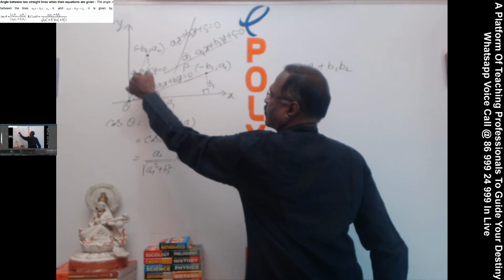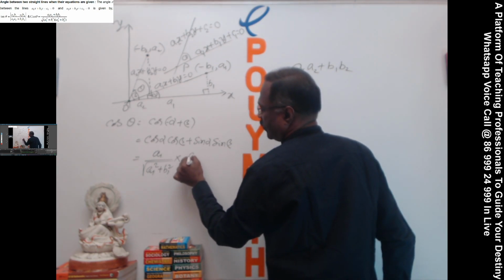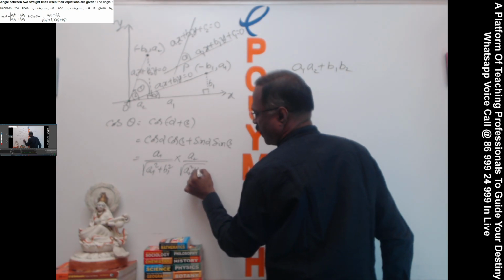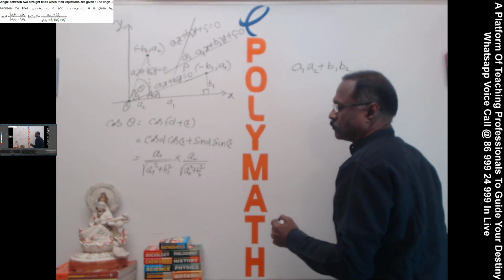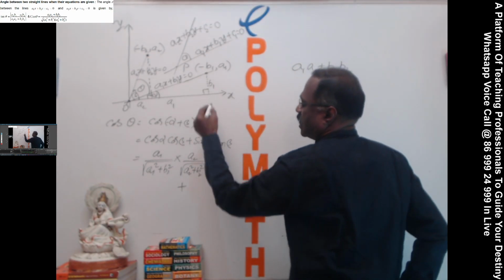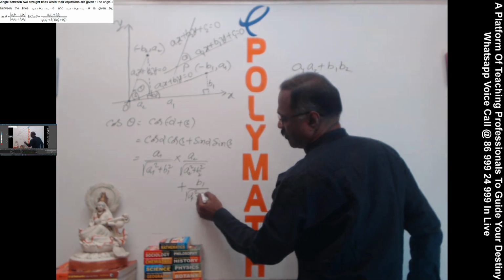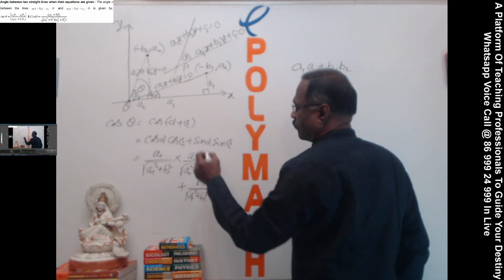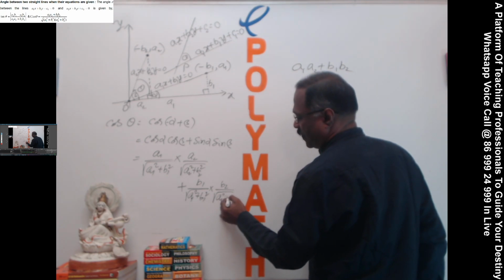Cos beta: the adjacent side is a2, so a2 divided by root over a2 square plus b2 square. How do you get a2 square plus b2 square? Distance between origin and that point. Plus sin alpha: this is b1 by root over a1 square plus b1 square. Sin beta is b2 by root over a2 square plus b2 square.